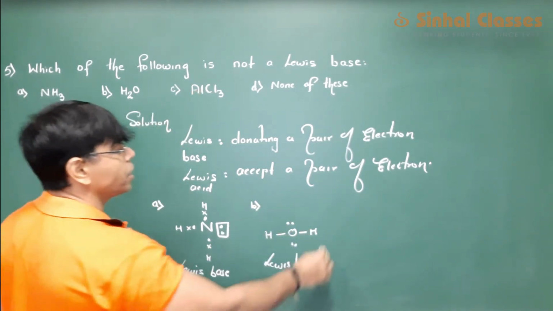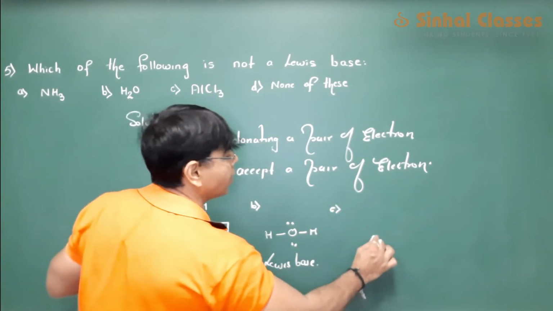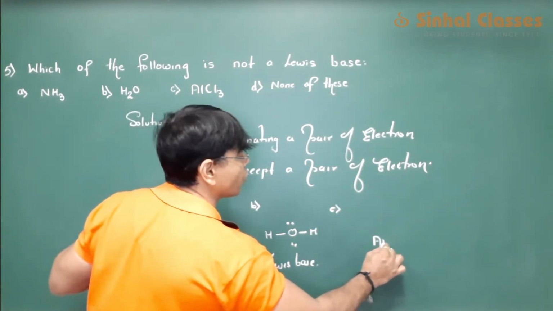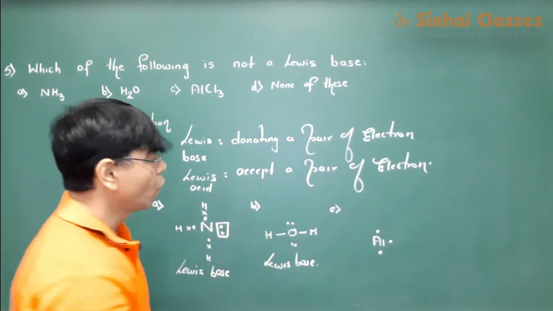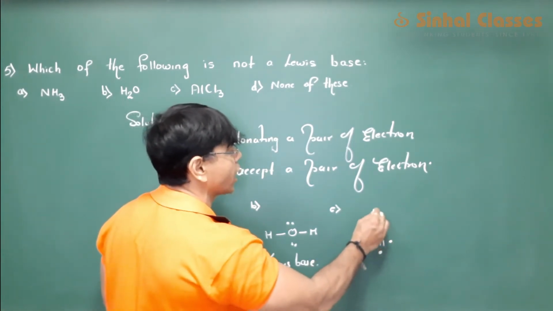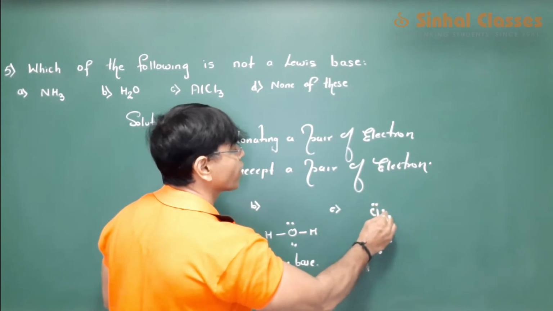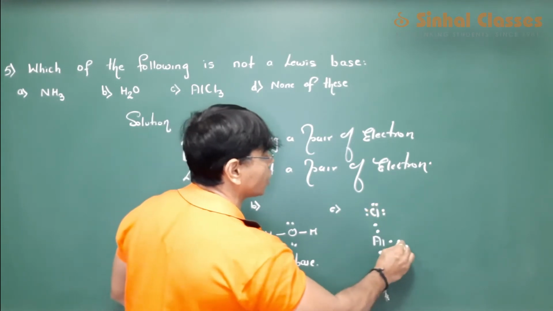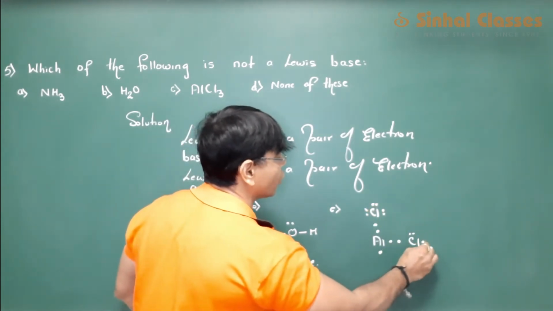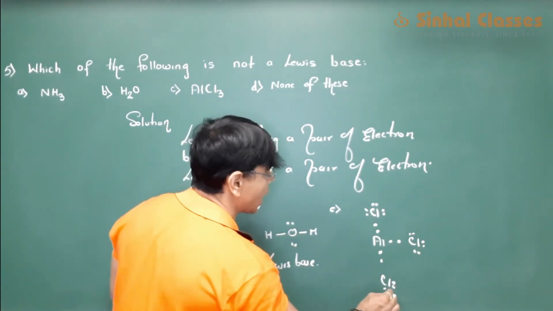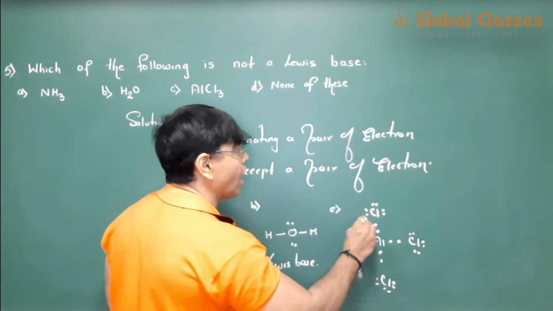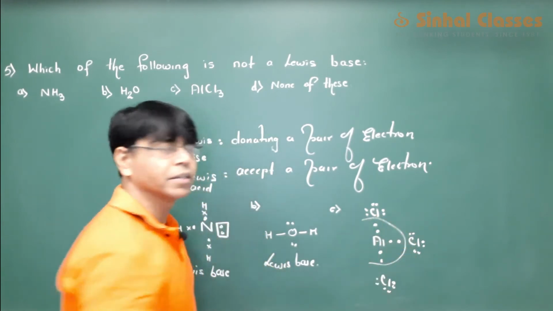What about aluminium chloride? Aluminium has 3 electrons in its outermost shell. 1 electron it is sharing with chlorine, each. But total electrons in the outermost shell of aluminium become 6.